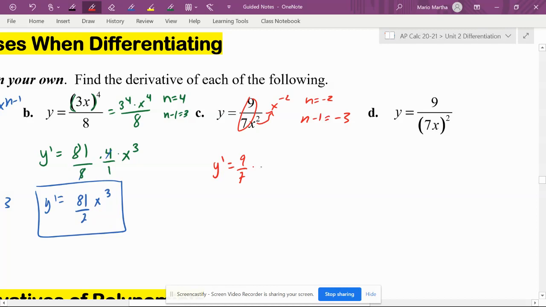Let's not forget about negative 2. So negative 2, and then times x to the negative 3. So y prime equals 9 times negative 2, which would be negative 18 over 7, and then x to the negative 3. And once you, again, remember your answers are always going to have positive exponents, so make sure you rewrite it with a positive exponent. So that's going to be negative 18 over 7x to the 3rd power.